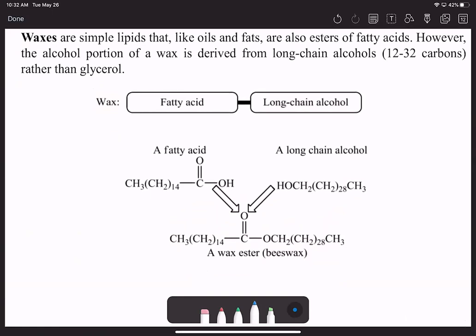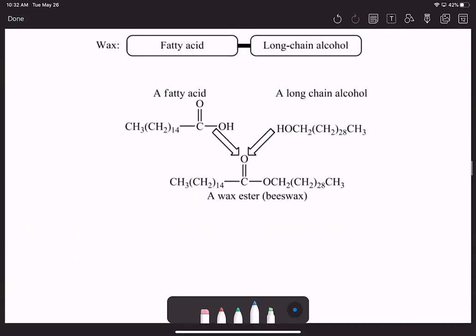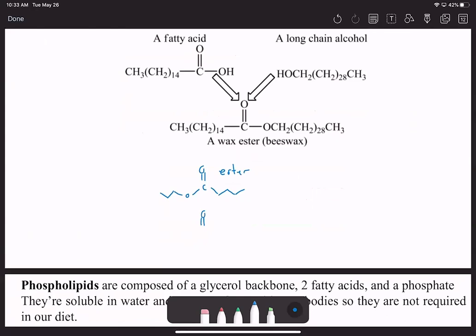Let me draw an ester here. I'm going to draw 2 of them here. I think this will clear things up. So this is an ester. This is a wax.